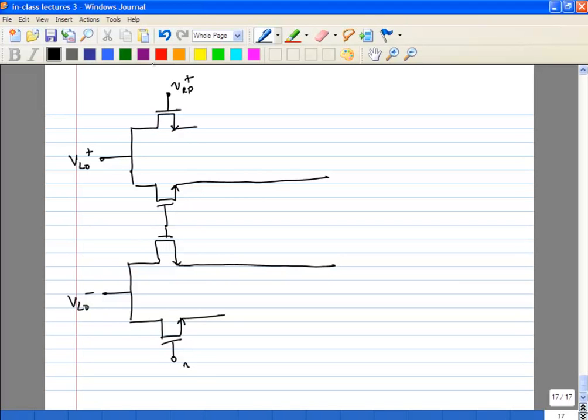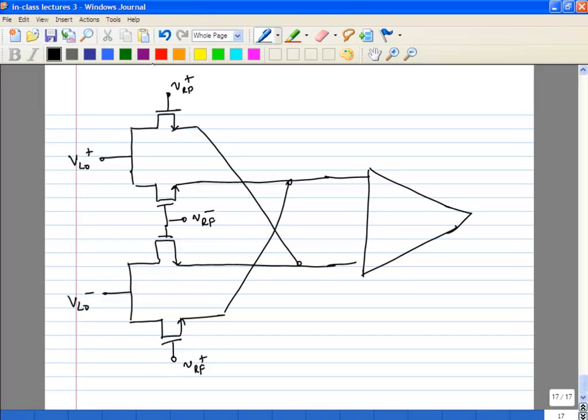This is VRF plus. This is also VRF plus. This is VRF minus. And I'm going to cross connect these two guys. Your IF output goes like this.